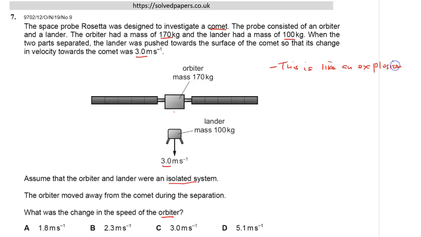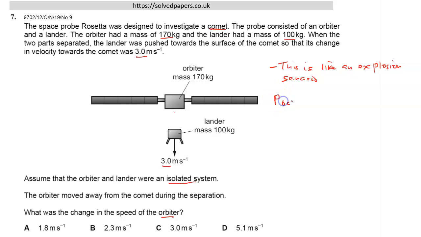Okay, initially for an explosion, everything is at speed 0, and of course in an explosion momentum is conserved. This is like an explosion scenario. So we know that momentum is conserved.